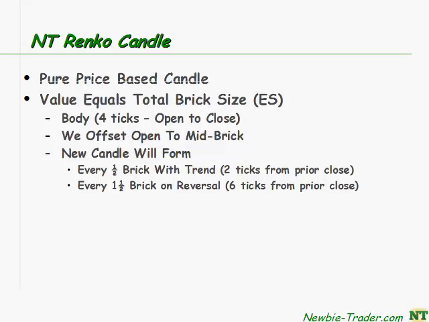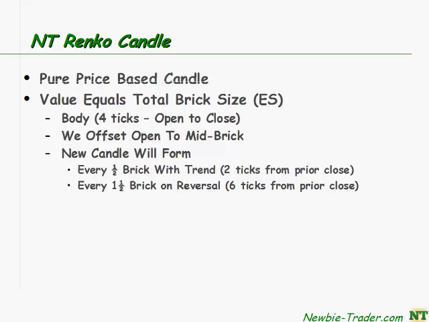When you talk about a typical Renko, they'll show it as a value from low to high, and they call them bricks. And for the ES, we use a 4-tick brick. So on a typical Renko, you would have a brick that's 4 ticks wide, and then you'd get your next brick 4 ticks above it, and then your next 4, next 4, next 4.